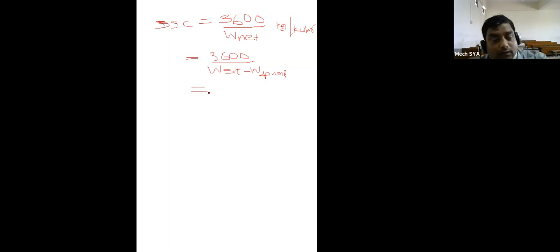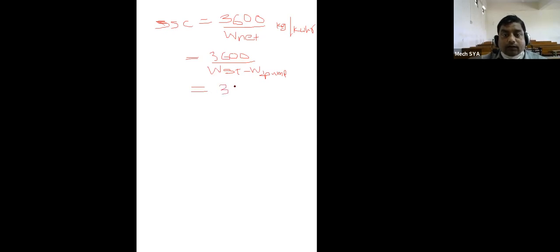Then what is the formula? 3600, that formula I told you to remember, divided by W net. And the unit will be kg per kilowatt hour. Here it will become 3600 divided by W net, which means W steam turbine minus W pump.